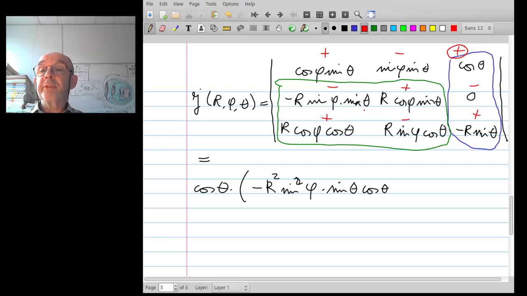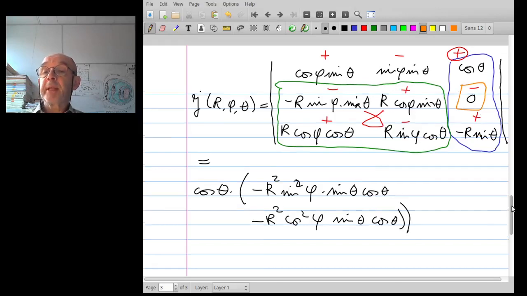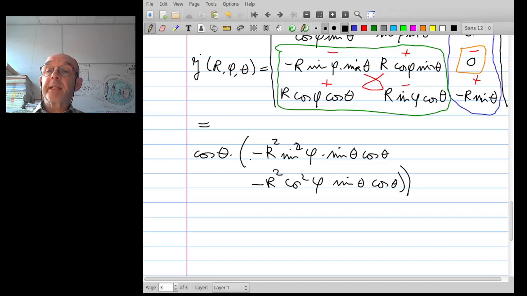You have this one times that one minus this one here, and we have minus r squared cosine squared theta, and you see also a sine theta cosine theta. Now that is the first thing. Then I go to the second one. In my column I see a 0. No problem. And then I have the last one.